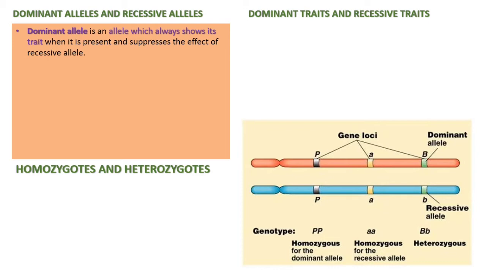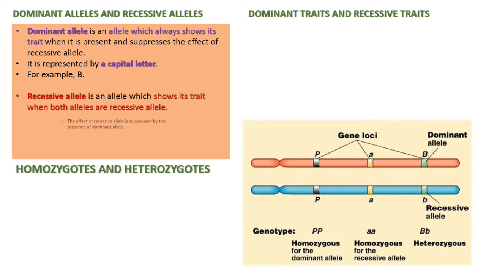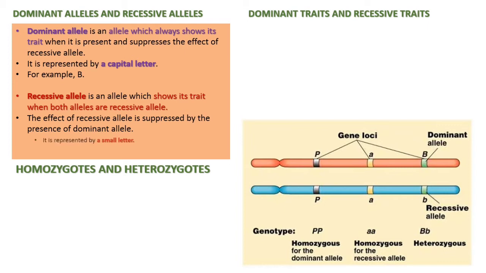Dominant is represented by a capital letter, for example capital B. Recessive allele shows its trait when both alleles are recessive. The effect of recessive allele is suppressed by the presence of dominant allele. It is represented by a small letter, small b.